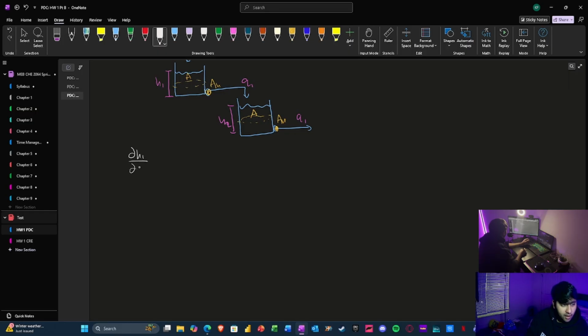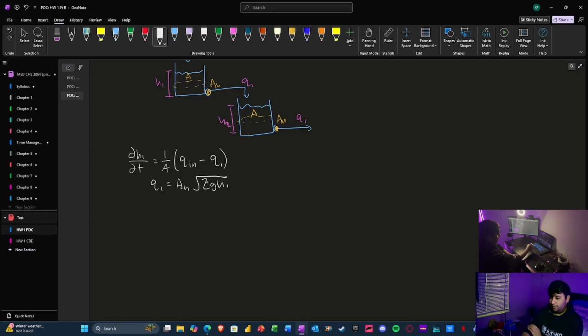the change in height with respect to the time, and that equation came out to be 1 over the cross-sectional area multiplied by the inlet flow minus Q1, where Q1 equals the multiplication of our drainage hole and the square root of 2 times the gravity constant times the height of the first tank, or whichever one is correspondent to this variable right here.